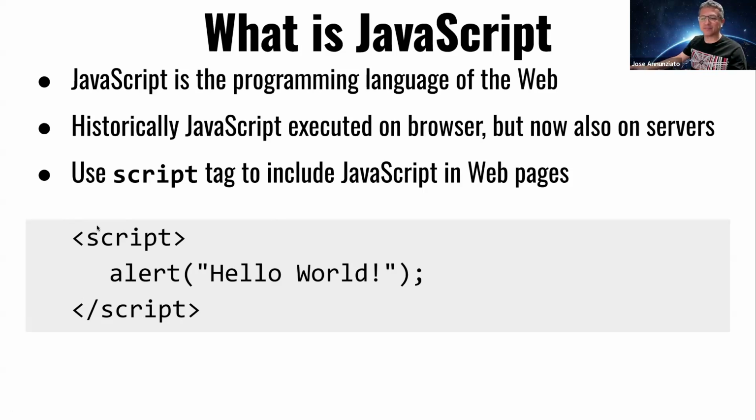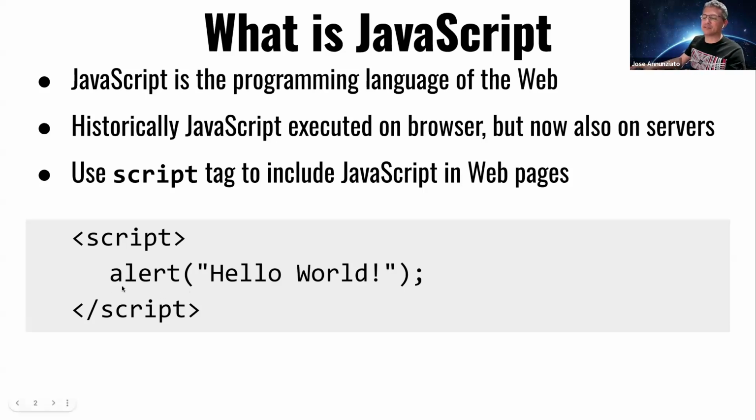Inside of the body of the script tag, you can have functions. You can call functions, create new functions, and implement algorithms that could manipulate the document object model, the DOM.